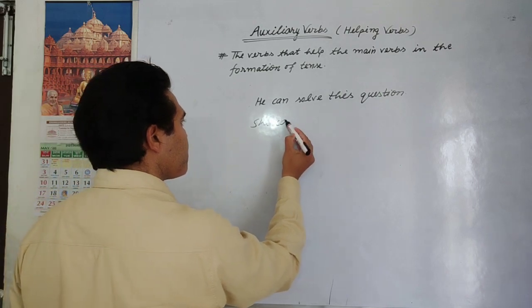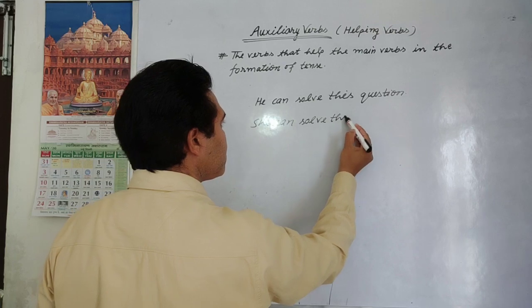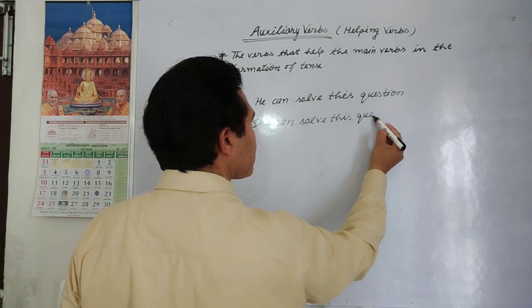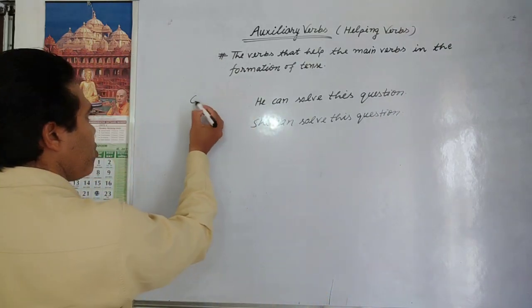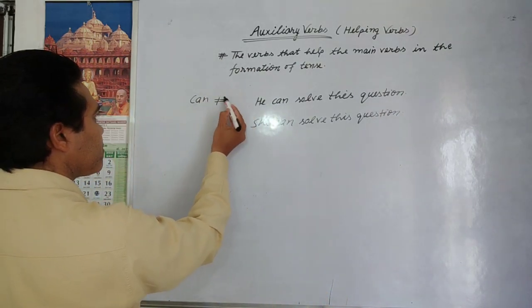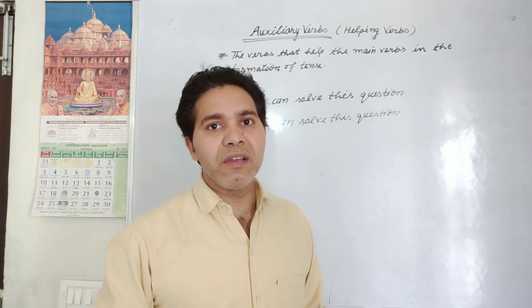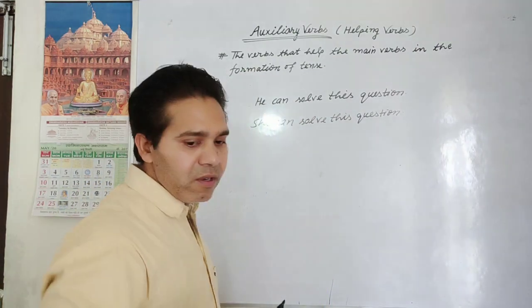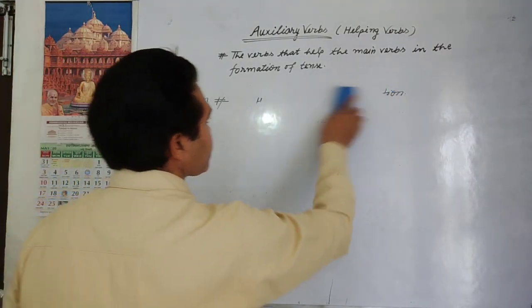She can solve this question. Okay, the use of can. Once again, can shows the ability to do something in a present tense, and could shows the ability to do something in a past tense.